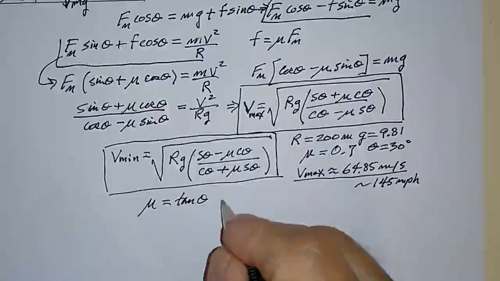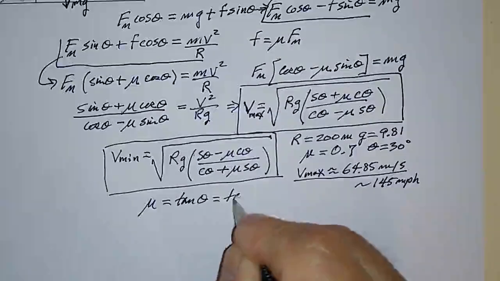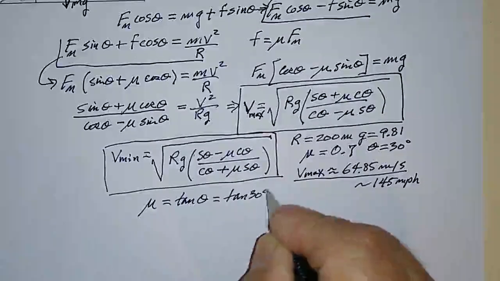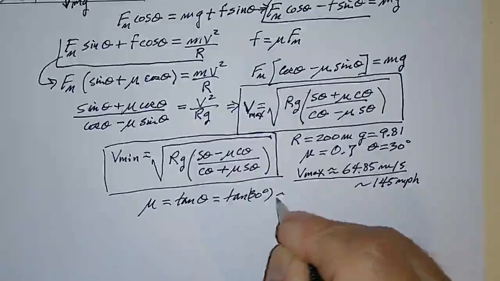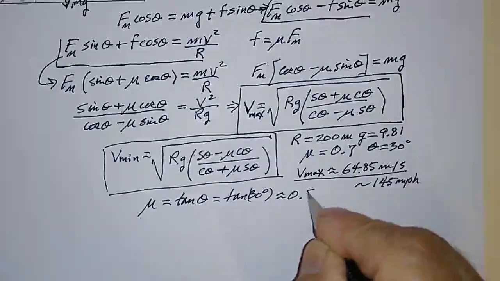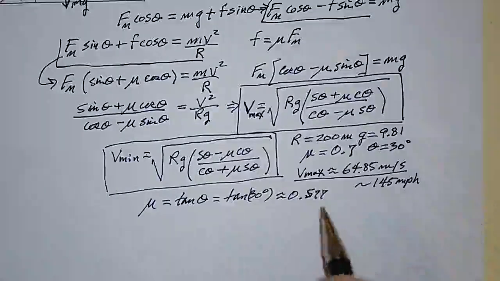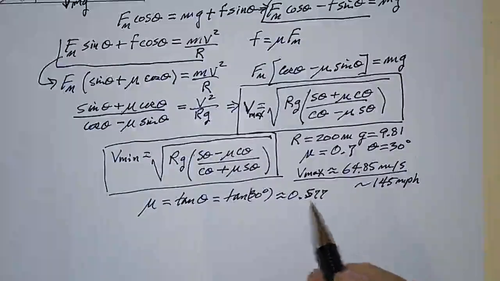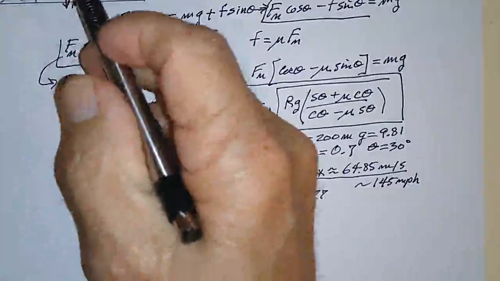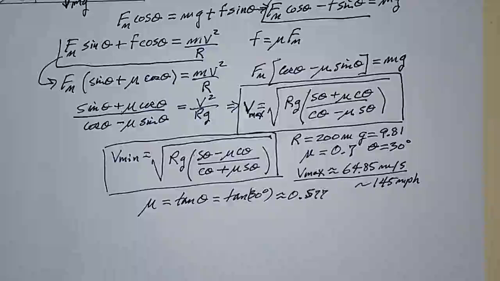So for theta equals 30 degrees, tangent of 30 degrees is equal to 0.577. So you have to have a coefficient of friction less than this, or it won't slide down the ramp even if it's just standing still.